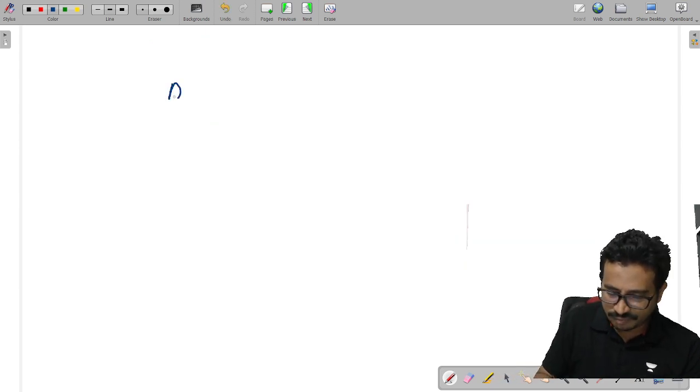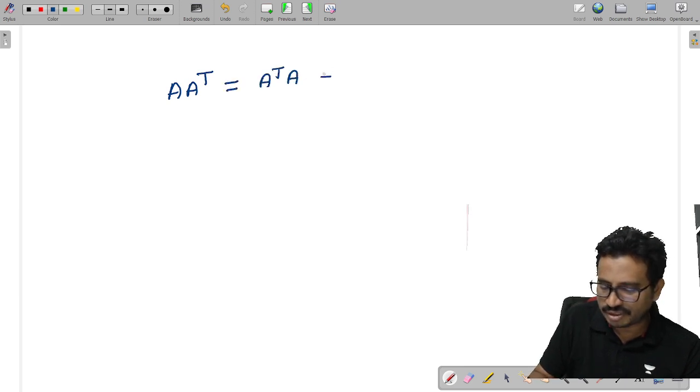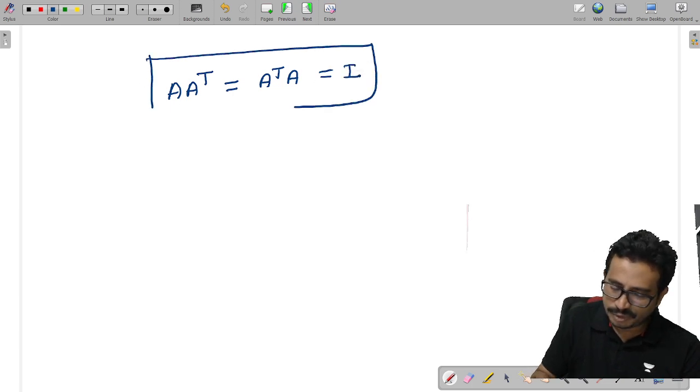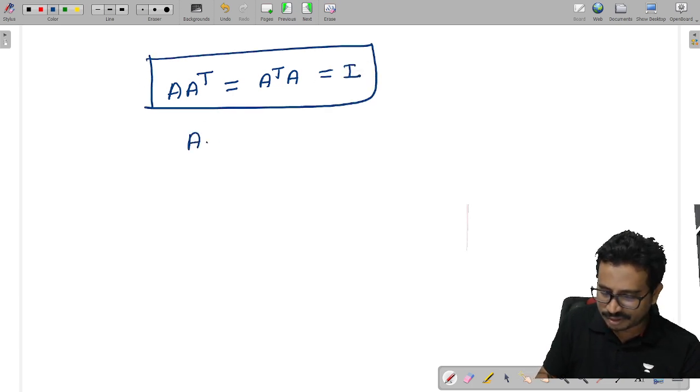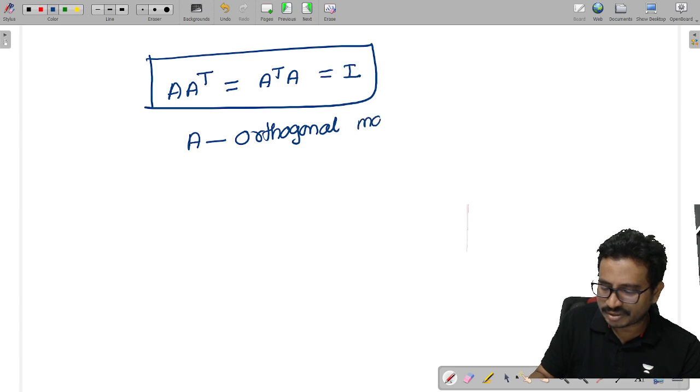And you do remember this as a standard result also. If A into A transpose or A transpose into A is equal to the I matrix, then this A is called an orthogonal matrix.